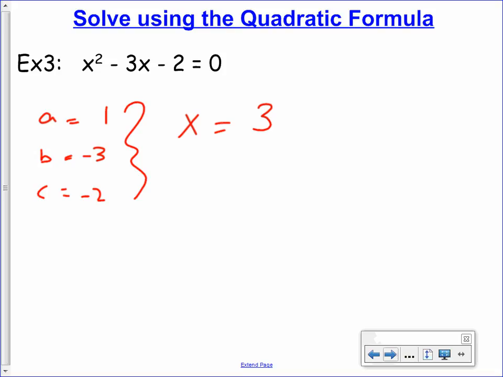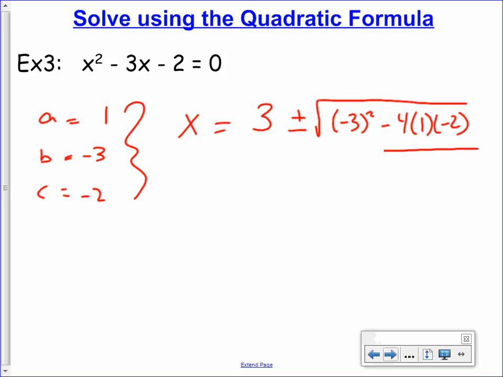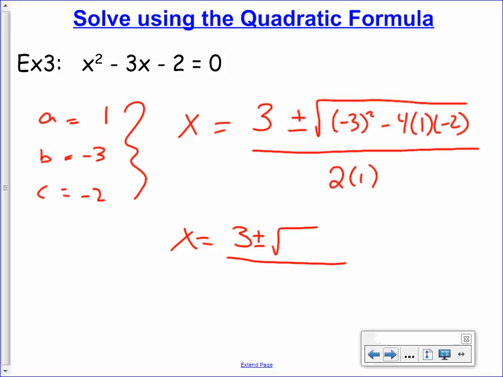Plus or minus the square root of -3 squared minus 4 times 1 times -2, all over 2 times 1. Oh, darn it, 2A. All right, here we go. So you have 3 plus or minus. Leave the square root. We're going to do that in a second.